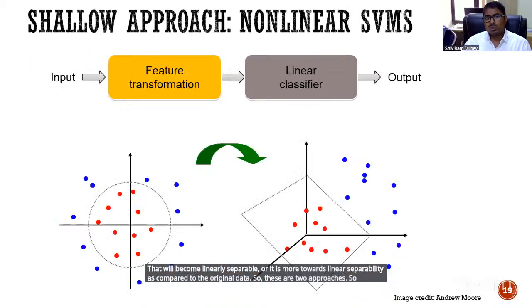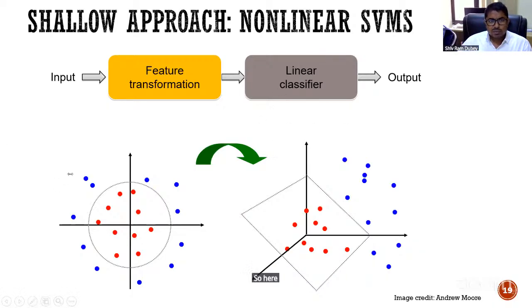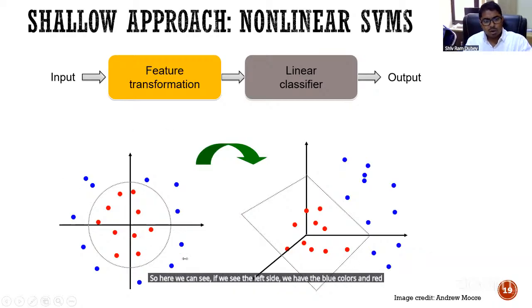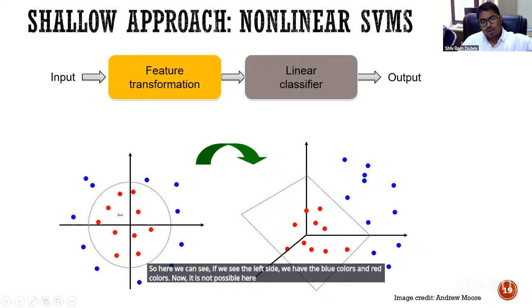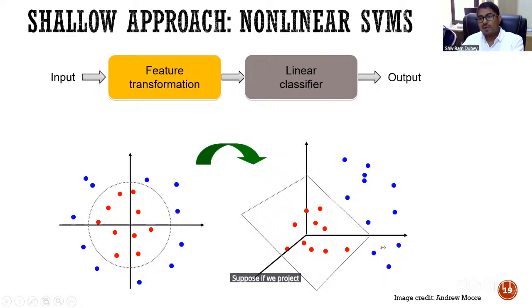The shallow approach, which was done earlier, is just one example to understand how it works. On the left side, we have the blue colors and red colors. It is not possible here to have a linear hyperplane to divide these two distributions exactly. Then what we do? Suppose we project this data into some other, higher order space.